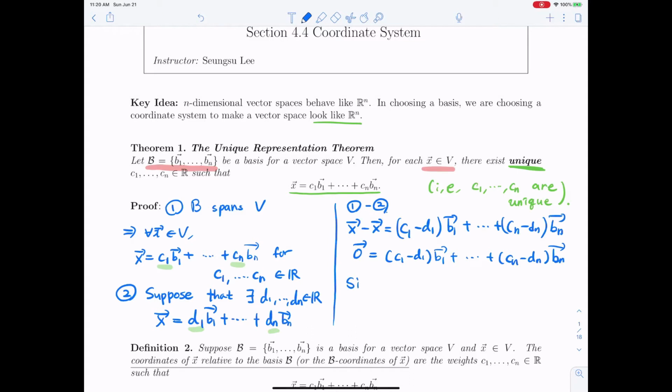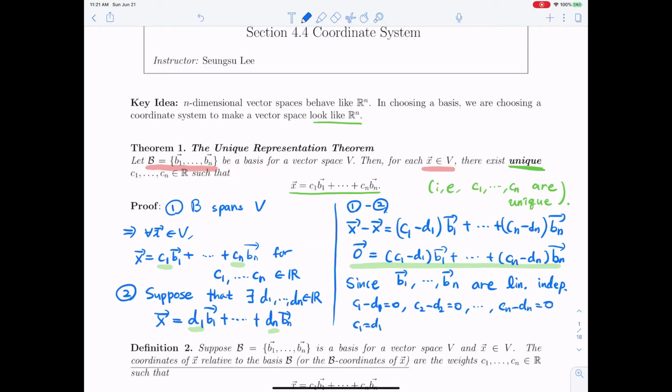But we know that vectors in a basis are linearly independent, which means the given vector equation has only the trivial solution. So we have c1 minus d1 equals 0, c2 minus d2 equals 0, and so on, and cn minus dn equals 0. Or in other words, c1 equals d1, c2 equals d2, and cn equals dn. So in conclusion, there's a unique way to write x as a linear combination of b1 through bn.